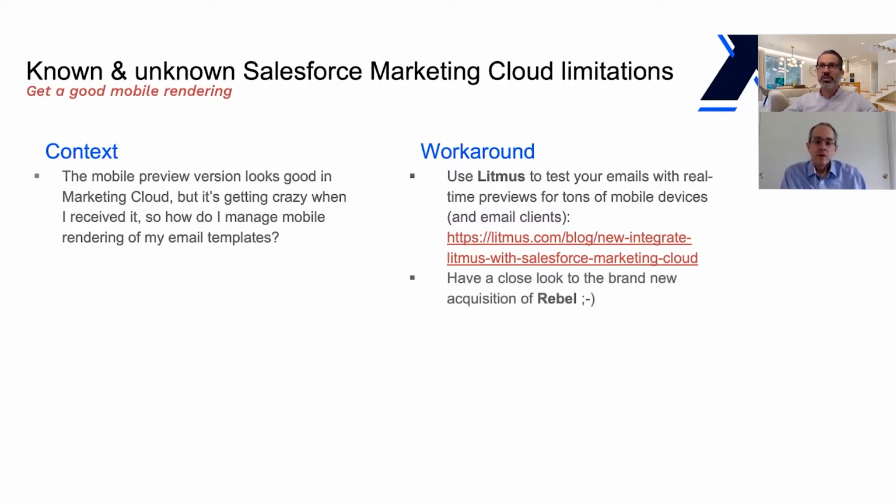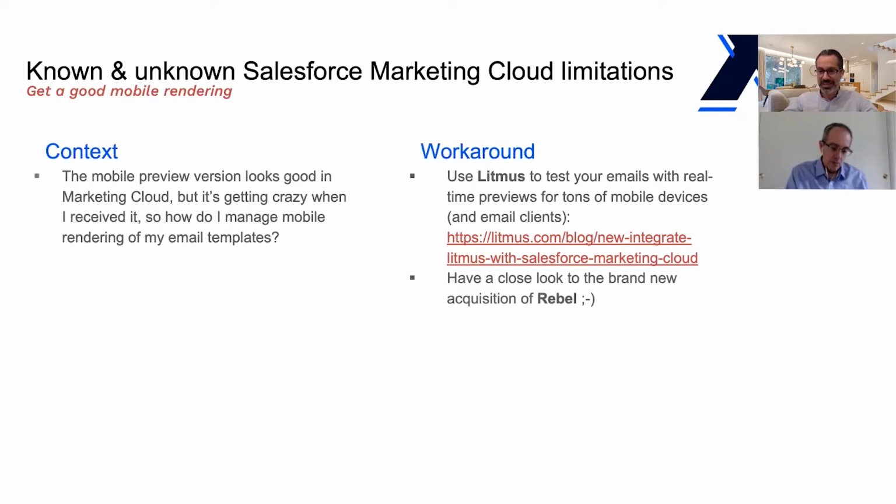Another option could be to wait because Salesforce just bought Rebel a few months ago. So maybe through this acquisition, Salesforce will bring additional capabilities to Marketing Cloud. As an example, you may be aware of what interactive email is. So interactive email is how to build a form or survey within an email.